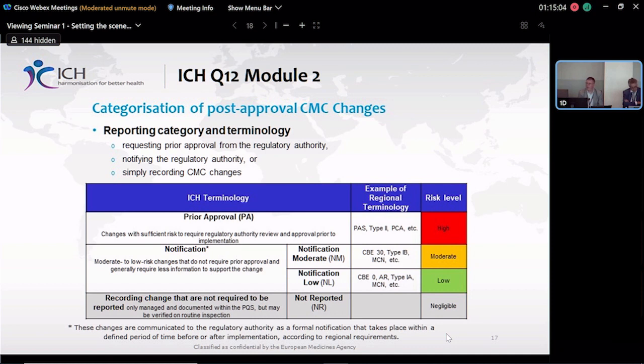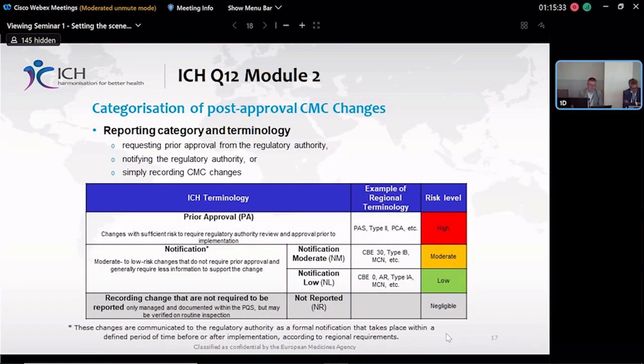You'll see across the world, other regulators have a similar three-tier system for classifying changes. They have different names. So I think in the US, a prior approval supplement is the equivalent of a type 2 prior approval. Then they have change being effected in 30 days, similar to a 1B, change being effected 0 days, similar to a notification low, and they have the annual report.